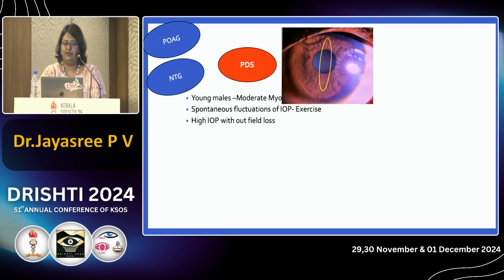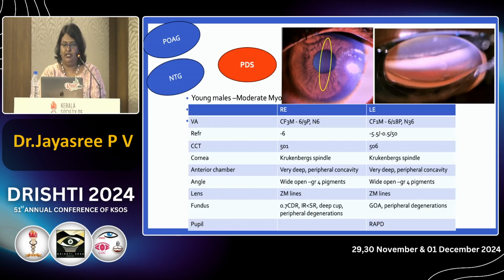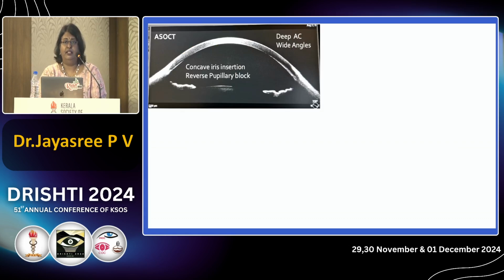They present with Krukenberg spindles, the coffee brown pigmentation, in wide open angles. They have Sandermeyer's lines on the posterior lens, and in the ISOCT picture you see a deep anterior chamber and concave iris insertion. This is called the reverse pupillary block, where the iris hugs the anterior aspect of the lens. This is one condition where PI helps.